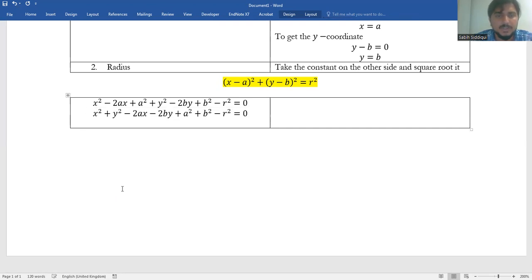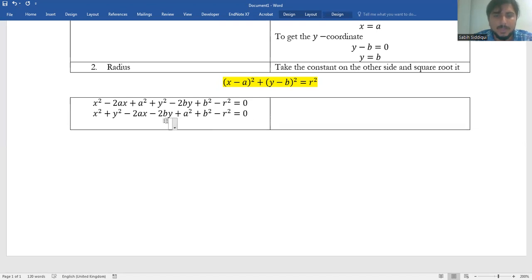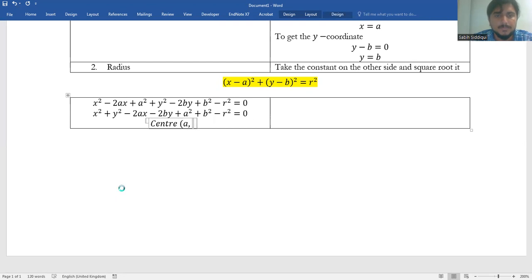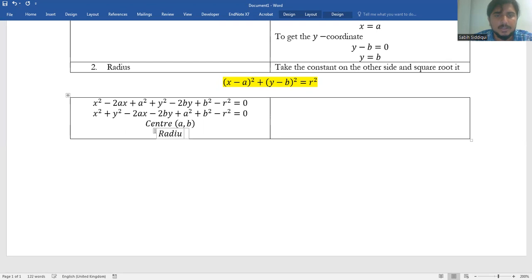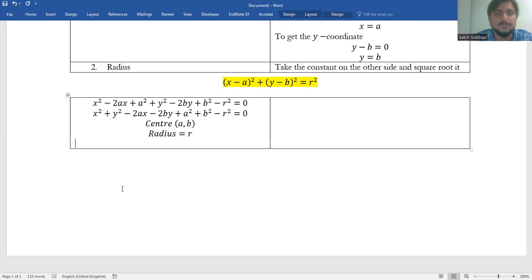So now this is the equation that I have, right? I already know the center and radius for this one. I know that the center is (a, b) and I know that the radius is r. Now all I need to do is understand and define the operation of getting the center and the radius from this expanded form.